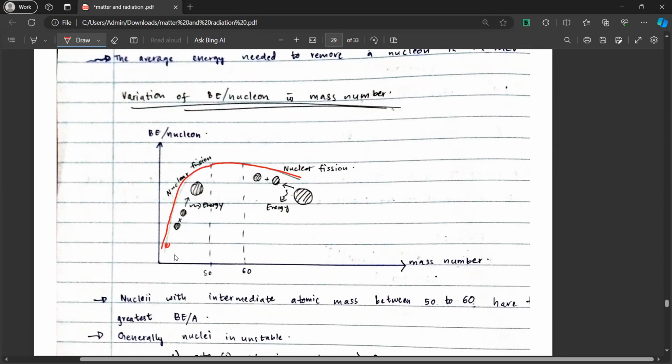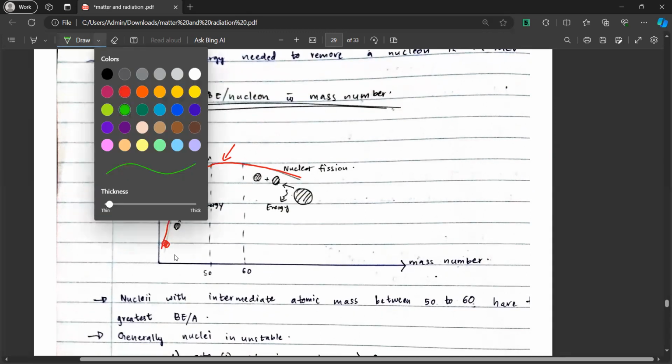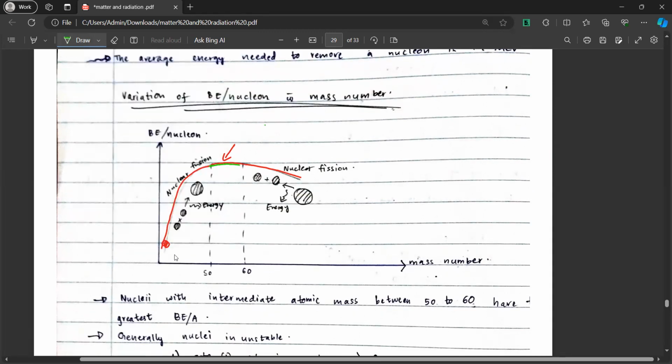If we are at the bottom or if we are at the top, which one is stable? Think a bit. This is stable, 1, or bottom is stable, 2. Which one is stable? 1 or 2? Just tell your ideas.